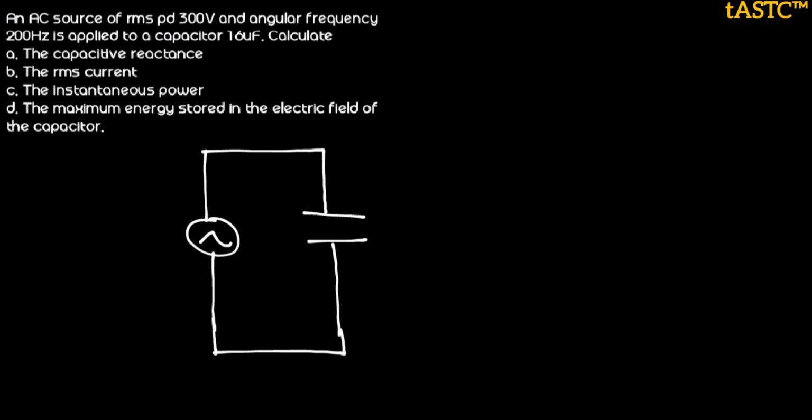Now first you need to understand that this circuit is an AC circuit that contains only the capacitor as the load connected to it. If you got such, you need to understand that the power generated or dissipated here is approximately going to be equal to 0. Now why is that?